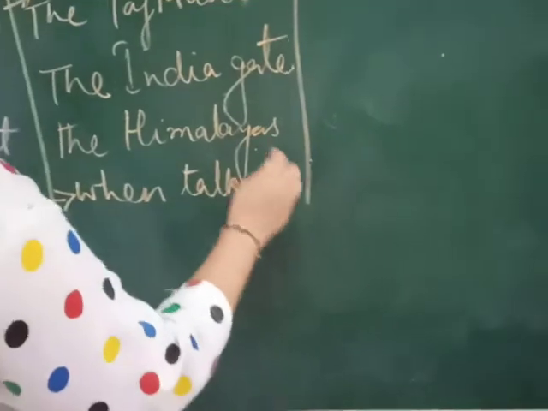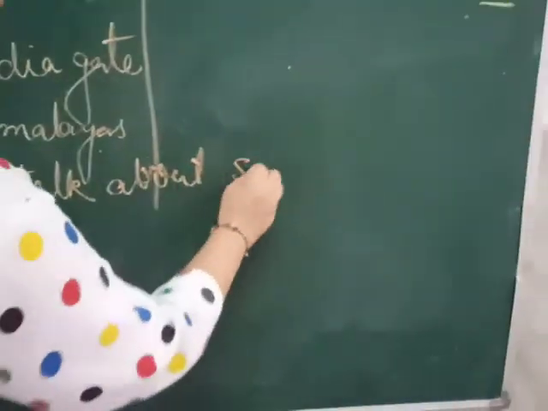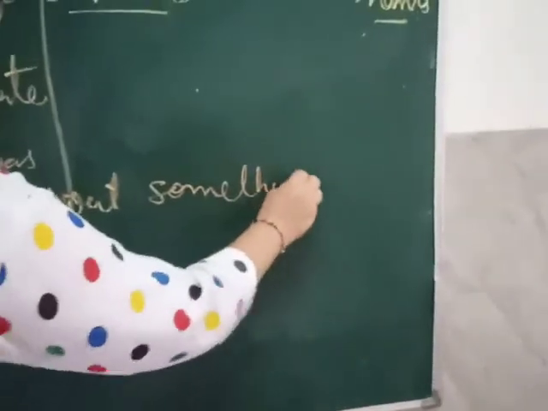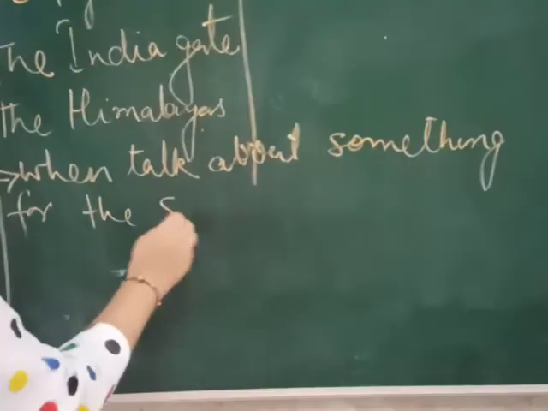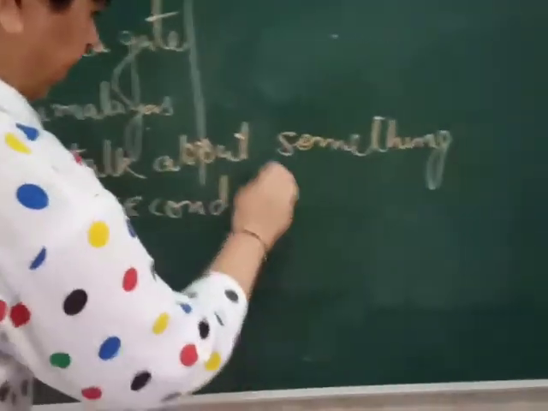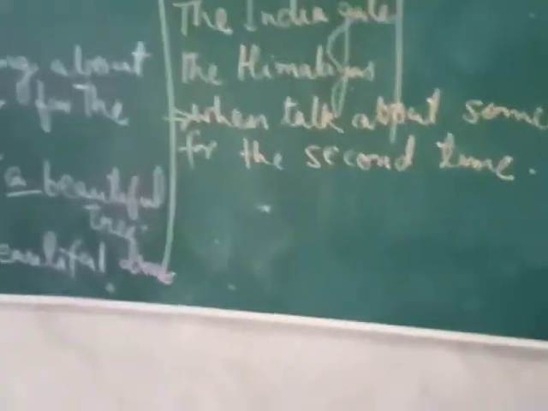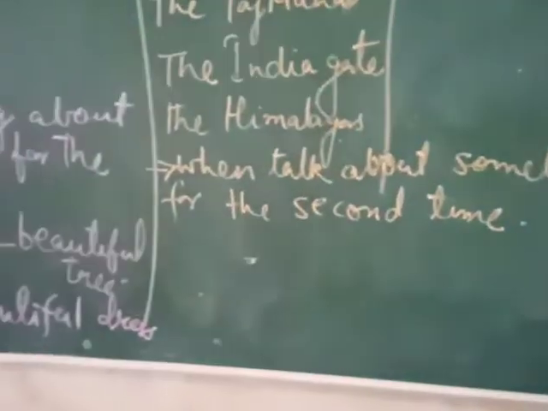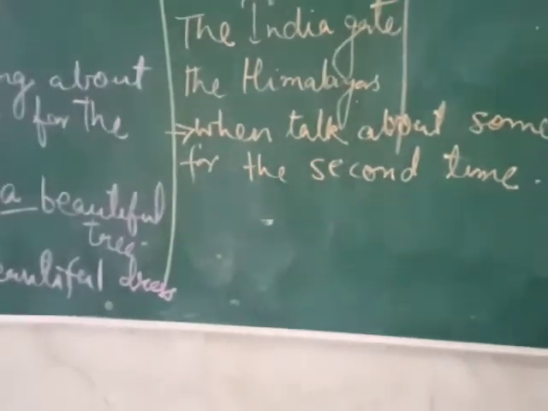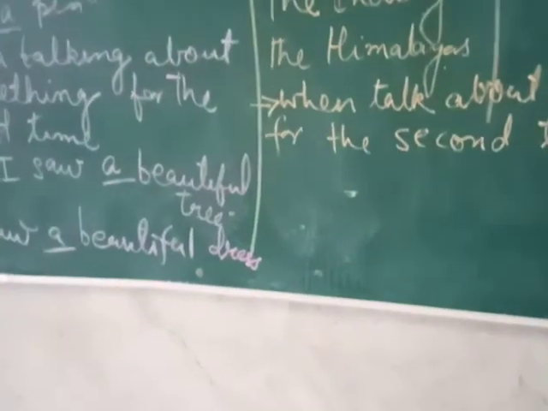When we talk about something for the second time, example of girl. I saw a beautiful tree, I saw a beautiful girl. If we take the example that side, I can say the girl is sleeping in the class.